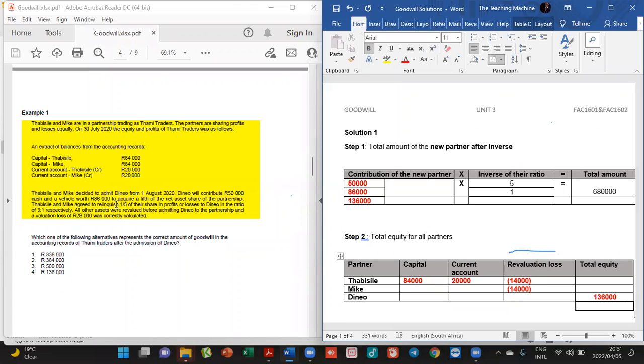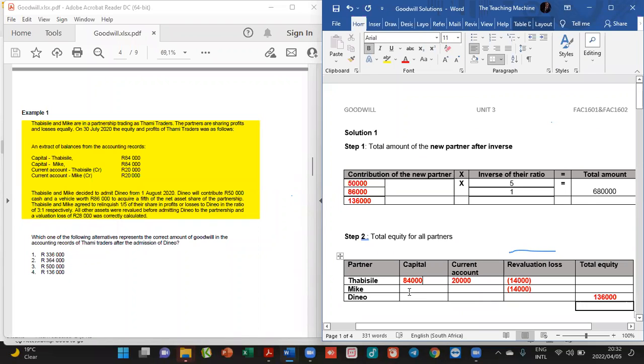So how did I get 14,000? Let's look at the information on the left. It says all other assets were valued before admitting Dinero to the partnership at a valuation loss of 28,000. Partners share profits and losses equally. Now, if we want to split this loss amongst the partners, it should be 28,000 divided by 2. So that's where I got 14,000.